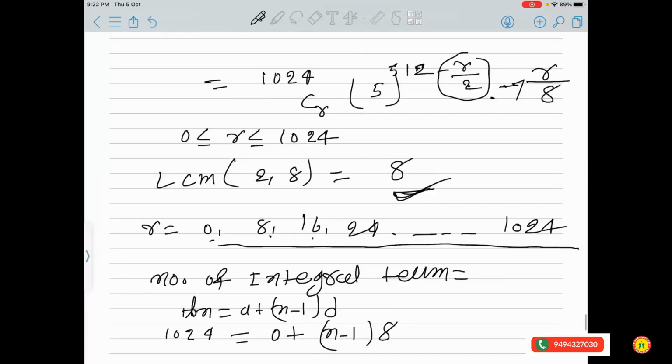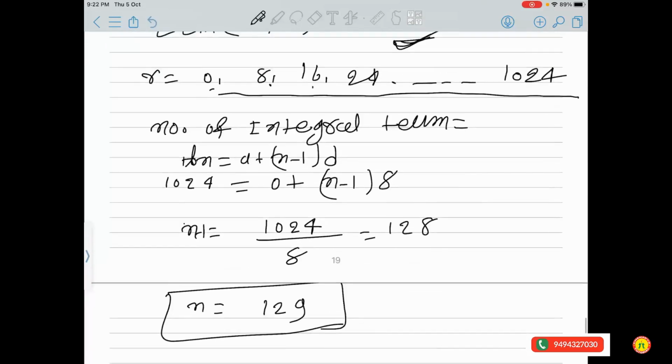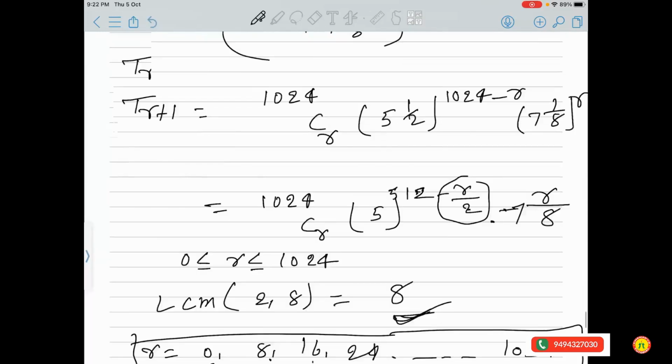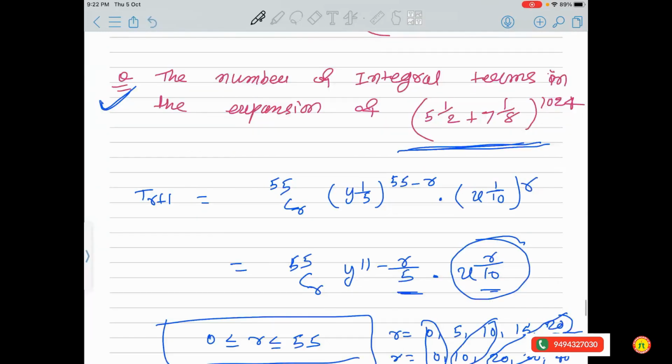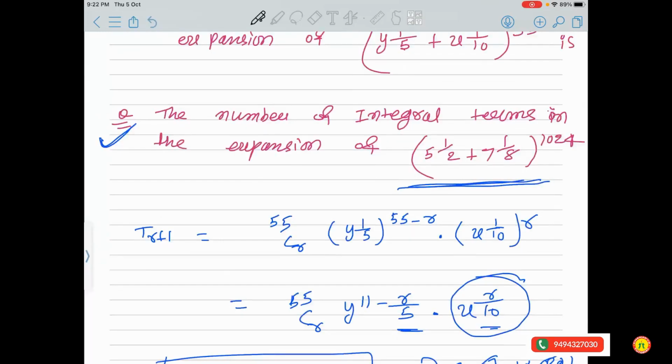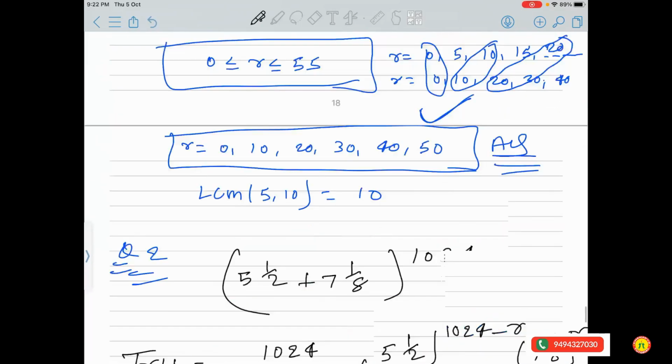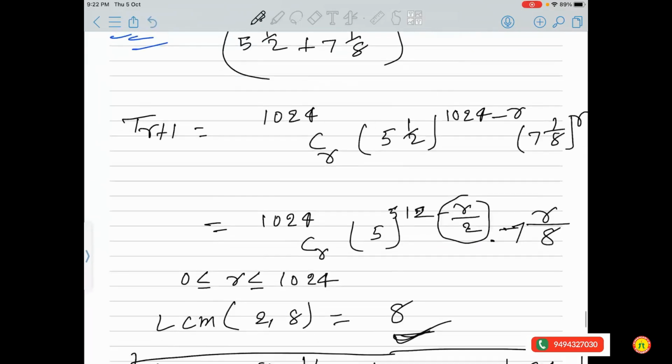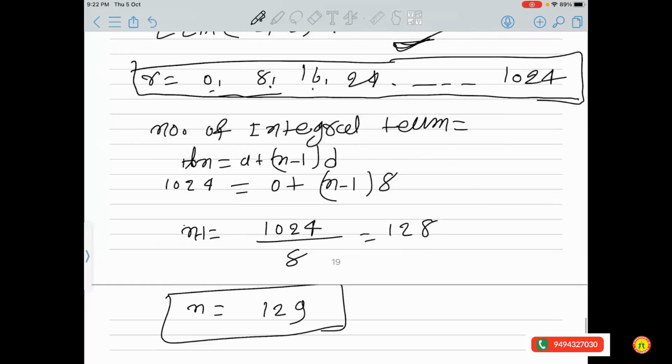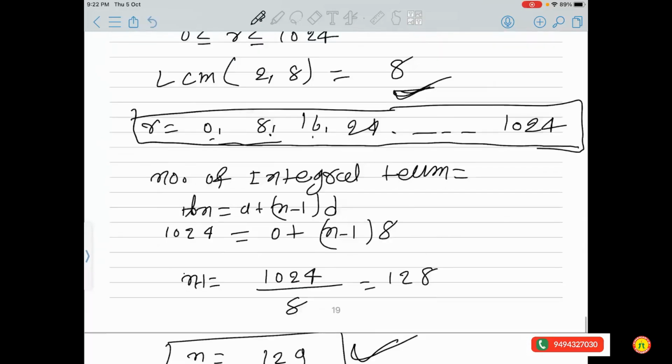So 0, 8, 16, 24 like that, the r values give the integral terms. The question is asking the number of integral terms, so count n is equal to 129 is the number of integral terms, right?